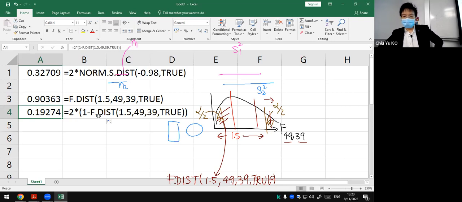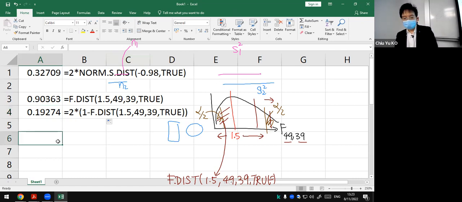Of course, if you think the p-value is rather clumsy in this case, you actually want to look at the critical value method. You have 2 critical values, one on the left-hand side and one on the right-hand side.